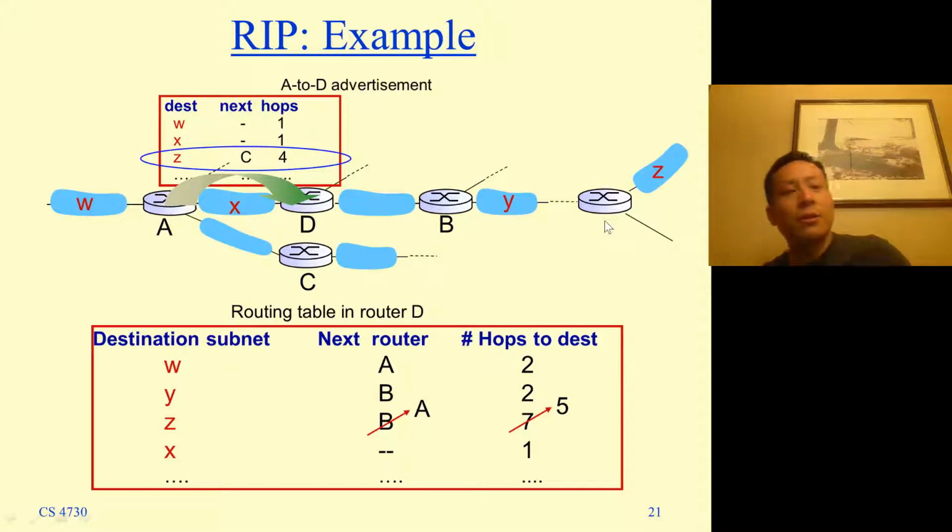Right? So this is a typical example of distance vector algorithms and RIP, how it works. In RIP, the simple thing is that the distance vector cost is just about hops. It's kind of simplified, right?